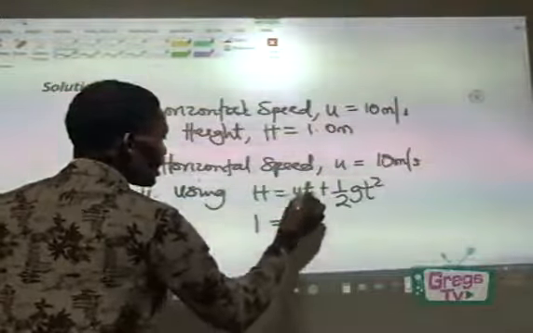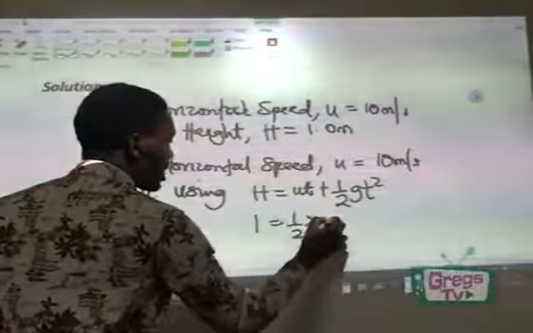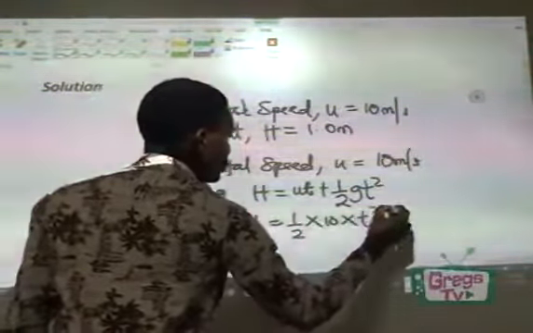Of course, at maximum, u is 0. So I have half times 10 times t squared.